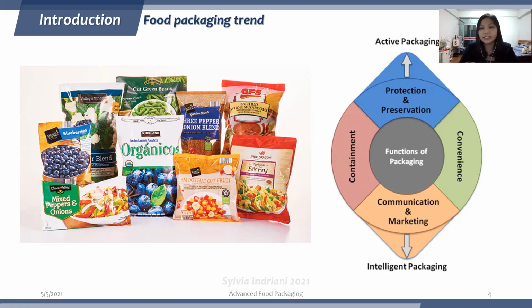The second one is intelligent packaging, when the packaging is used as the bridge between the food manufacturers and the consumers. So it's more about how to communicate the food quality and how good it is. For example, it can provide you the information or details about the products that you want to buy.